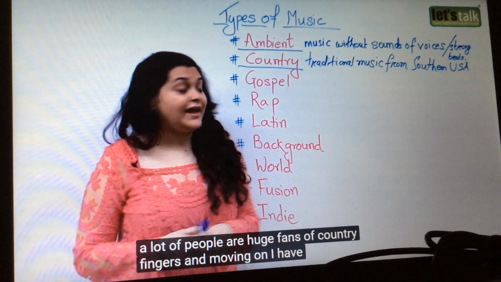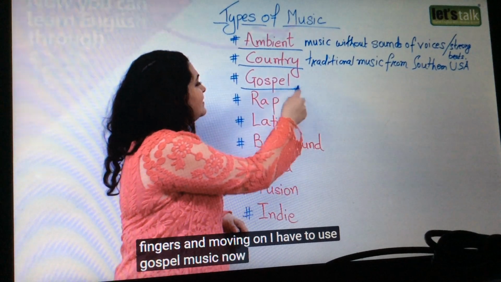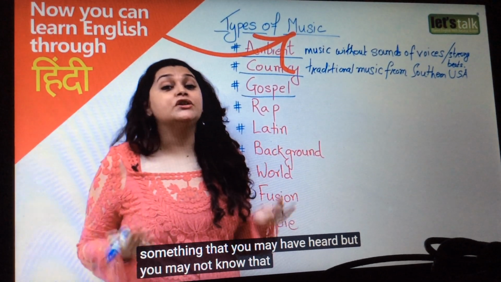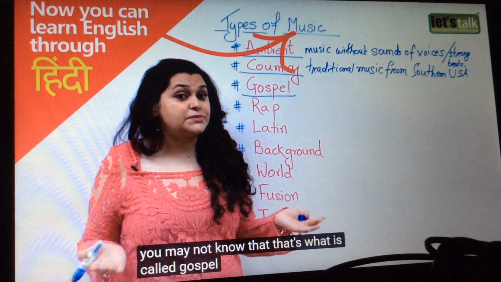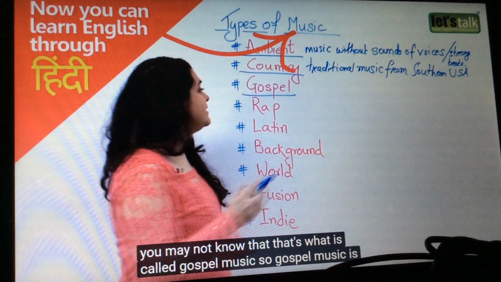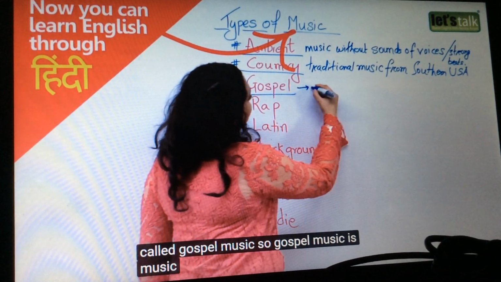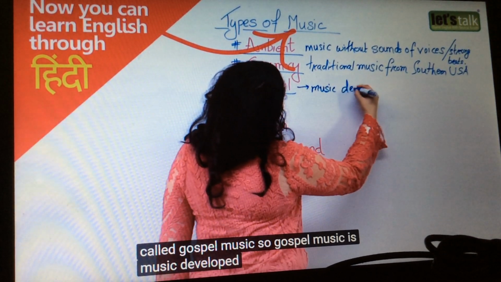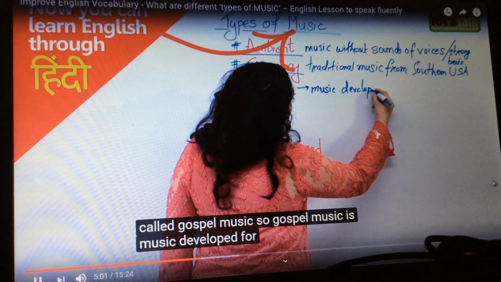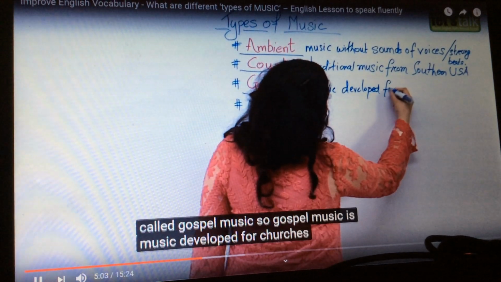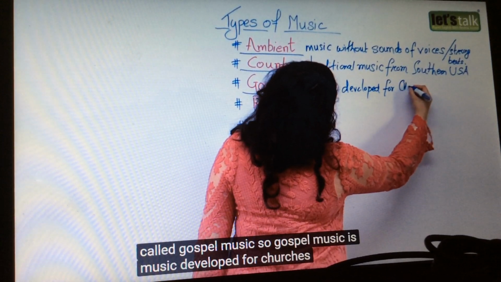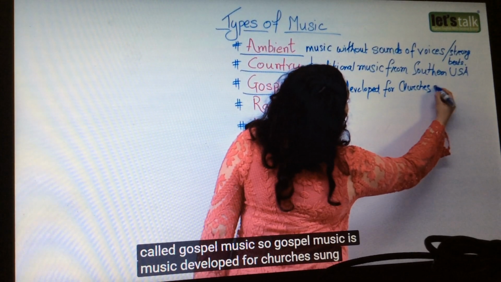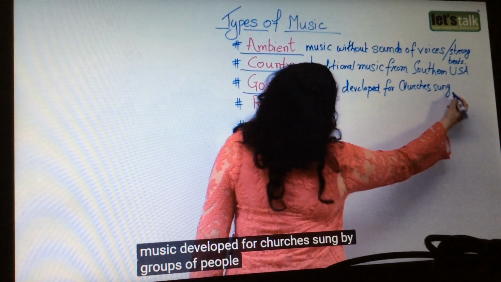And moving on, I have for you gospel music. Now, gospel music is something that you may have heard, but you may not know that that's what is called gospel music. So gospel music is music developed for churches, sung by groups of people.